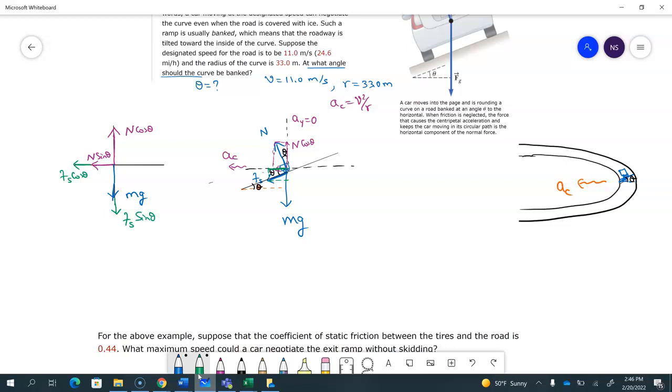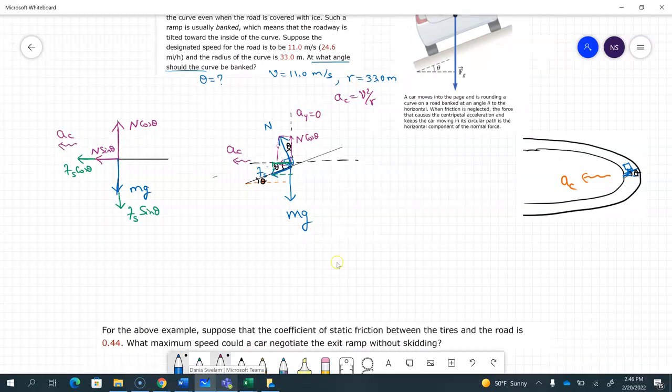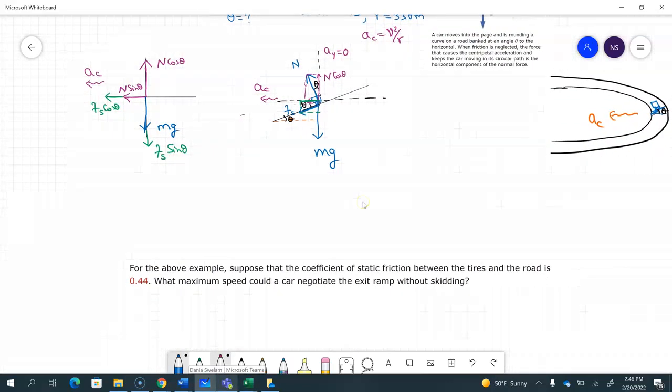So now we have all the forces lined up along the axes, and the acceleration is to the left. That's the centripetal acceleration, v squared over r. So now I'm ready to write my two Newton's second law equations.